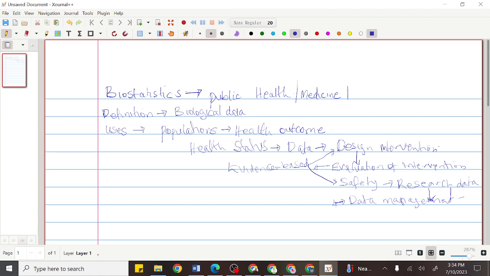Data management involves making sure that you have clean or quality data that is free of errors, or that has minimal errors, and that can easily be presented and communicated to people so that they can easily understand what is being communicated.